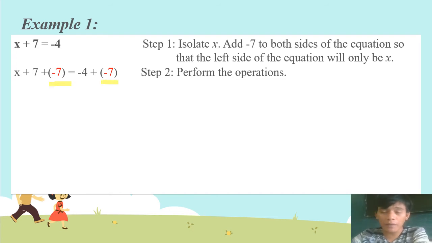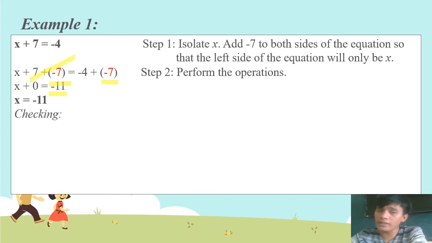That's the addition property. Perform the operation. 7 plus negative 7 is 0. x plus 0 is equal to negative 4 plus negative 7, and that is negative 11. Therefore, the value of our x is equal to negative 11.